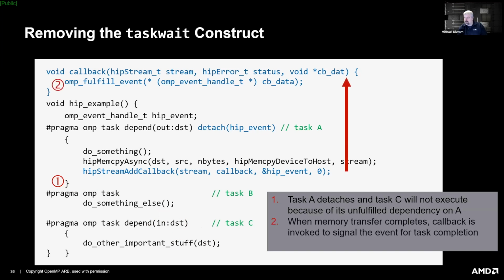It will not execute because the input dependency is satisfied by completing that task A. When the callback is executed at runtime, the fulfill event kicks in. It will mark task A as being completed, which in turn tells OpenMP that for this task C, all the input dependencies have been satisfied, and task C starts execution.